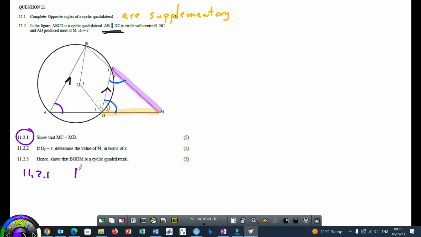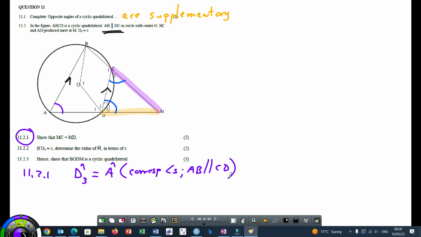So, I'm going to say D3 is equal to angle A. And my reason there will be corresponding angles. Remember, if you write that angles are corresponding, you have to state the lines that are parallel. Okay? So that will be AB is parallel to CD or DC. Okay? So these two angles are equal.